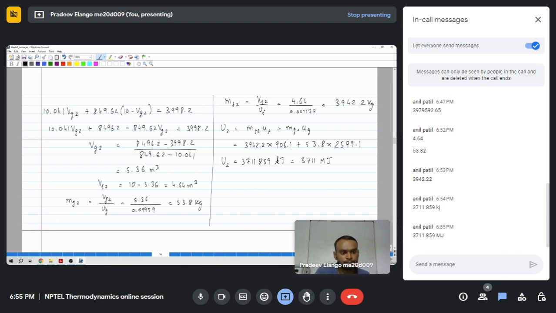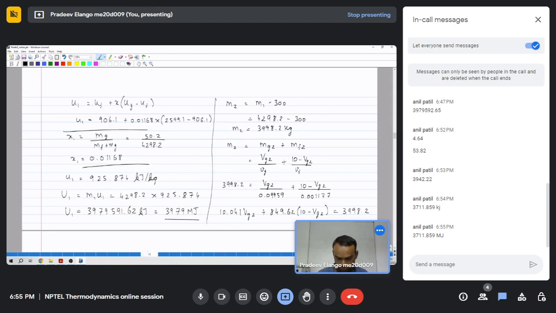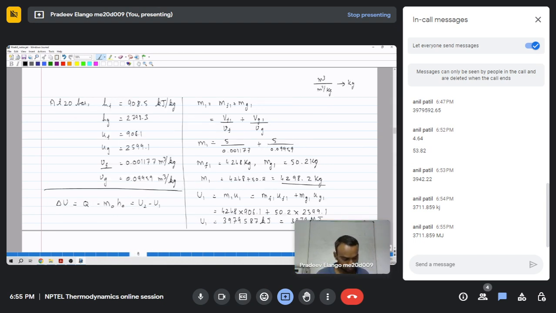See, initially, before escaping, 300 kg of steam, case 1 I am talking about, upper wall. Initially mass of water is 4248 and mass of steam is 50.20. Now we have allowed 300 kg mass to go out. So what is going to happen? Out of total mass, first the steam is only 50, so 50 will go.